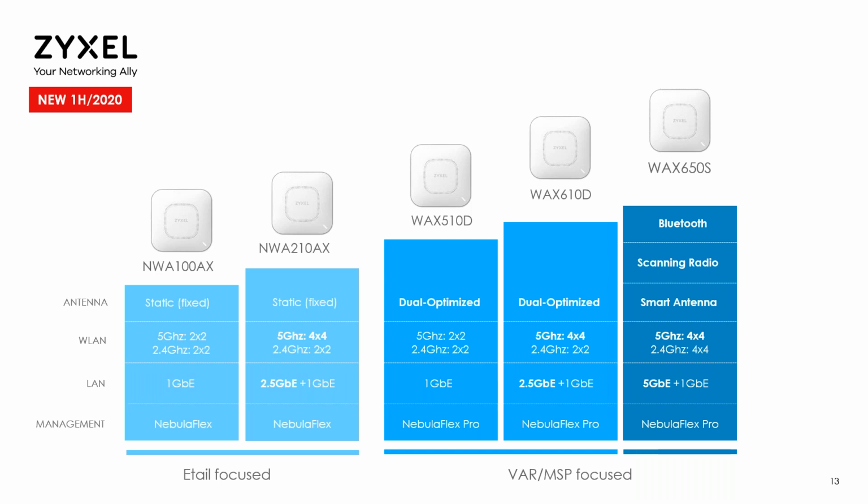And the only one with smart antenna technology will be the 650, and it'll be a 4x4 and a 4x4 antenna model with a 5 gigabit Ethernet interface for uplink. And it will also introduce a scanning radio to be able to be more aware of its environment, and a Bluetooth beacon as well.